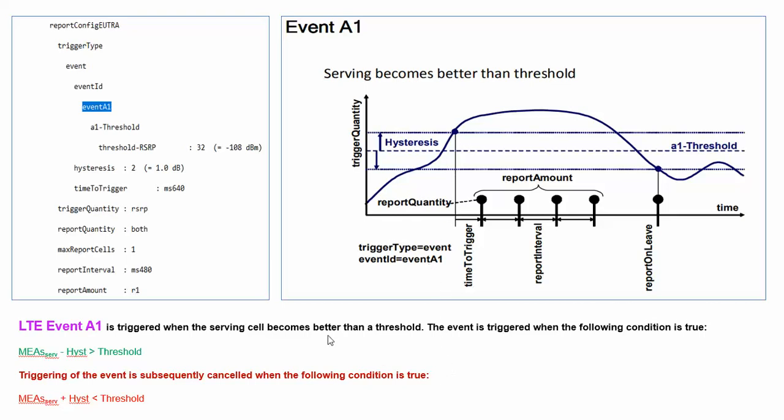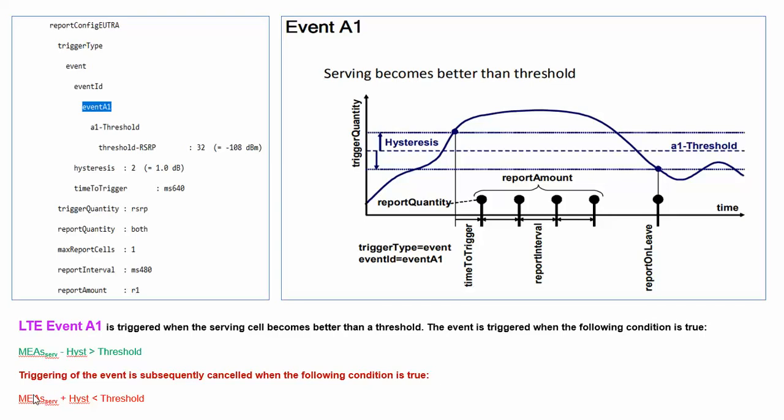And if the second condition is met, then the network will cancel this A1 event. Suppose the threshold is already minus 75, and the measurement is minus 77, with hysteresis of 1: minus 77 plus 1 equals minus 76.